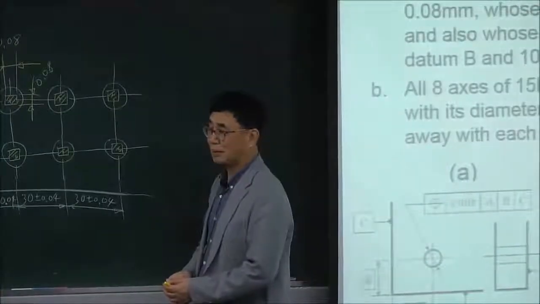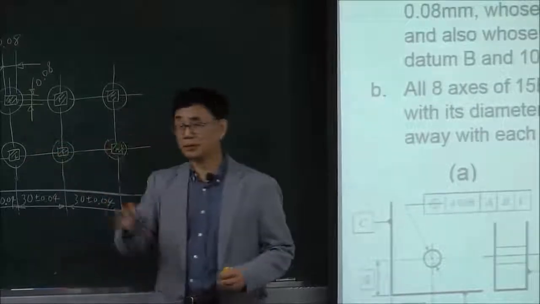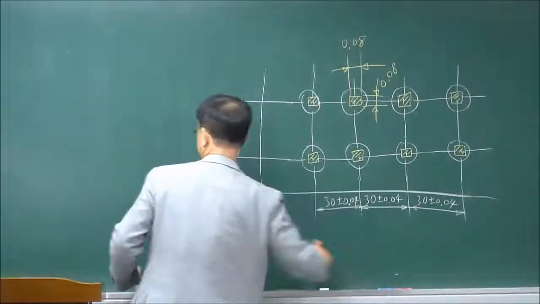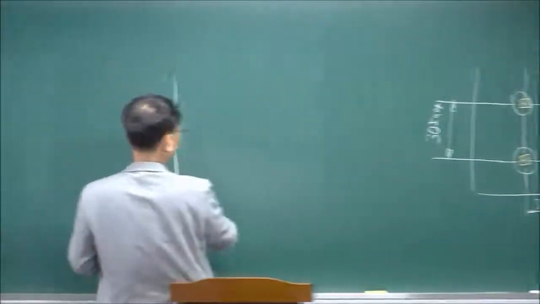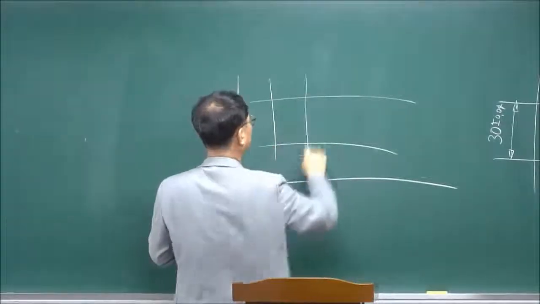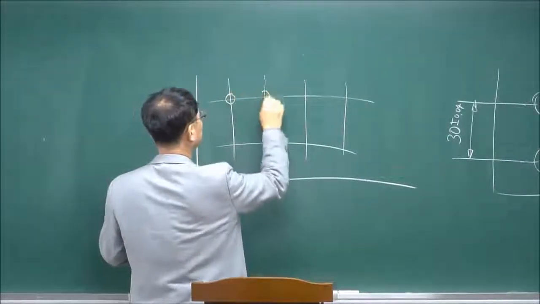Okay, right. But using true position is very, very clear, you know. So with true position, the tolerance zone is represented by the circles.